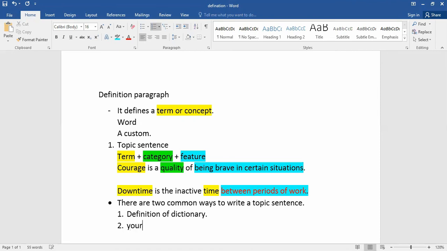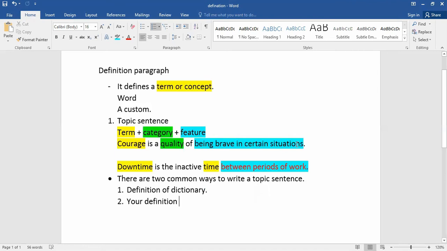And the second, your own definition. The dictionary definition can also be a topic sentence. For example, you search downtime in the dictionary, and the dictionary will define what downtime is. It can be a topic sentence. As well, you can write a definition from your own idea.